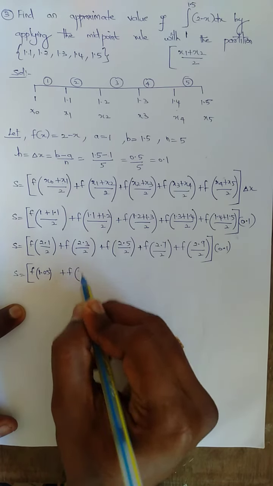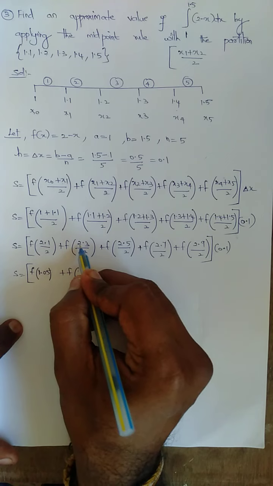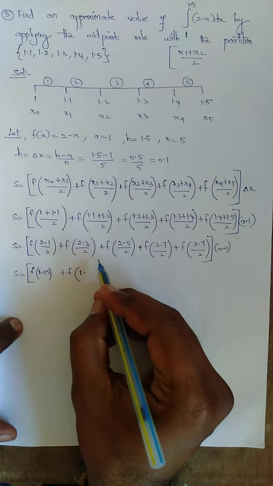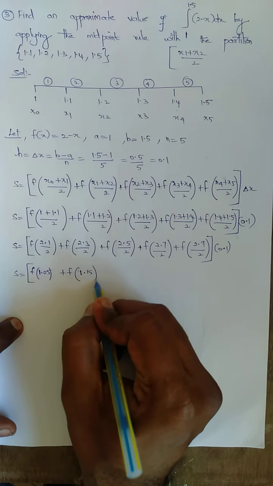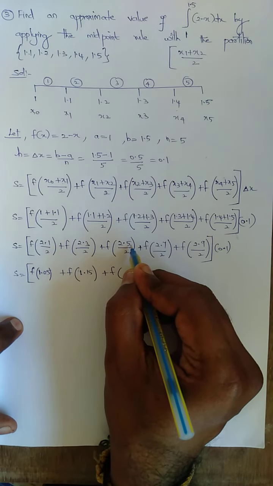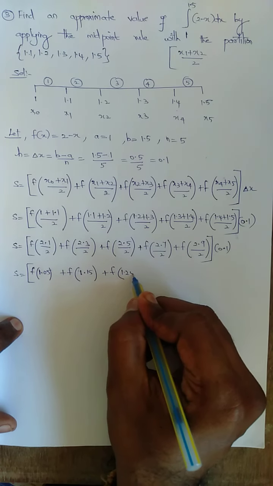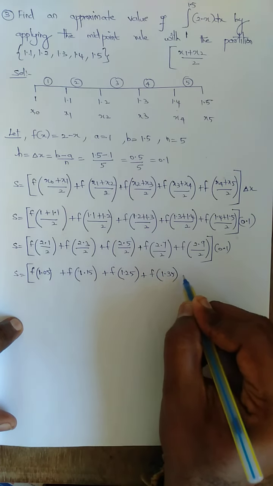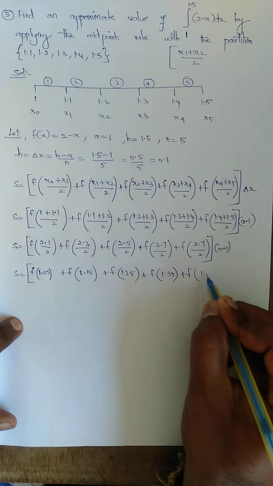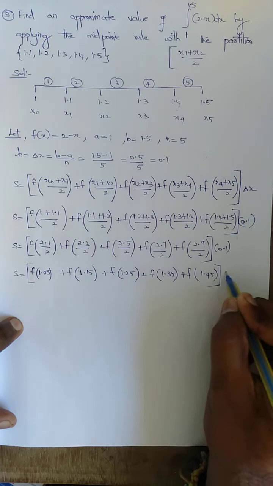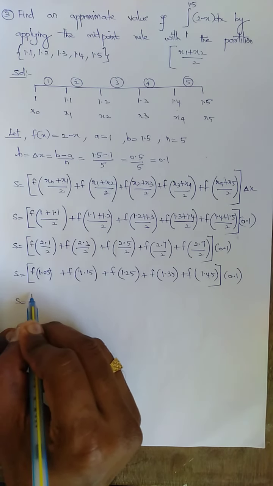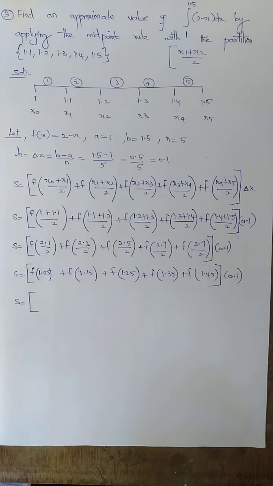Plus f of 2.3 divided by 2, which is 1.15. Then f of 1.25 if I divide, f of 1.35, f of 1.45, multiply with 0.1. Now the main calculation starts.